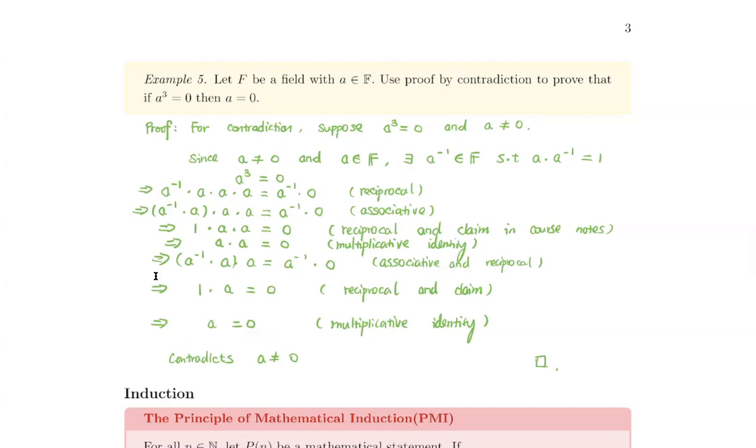So since I show that A equals 0, that means that my assumption is wrong. That means that what I assumed at the beginning is wrong. Therefore, the original statement is true.